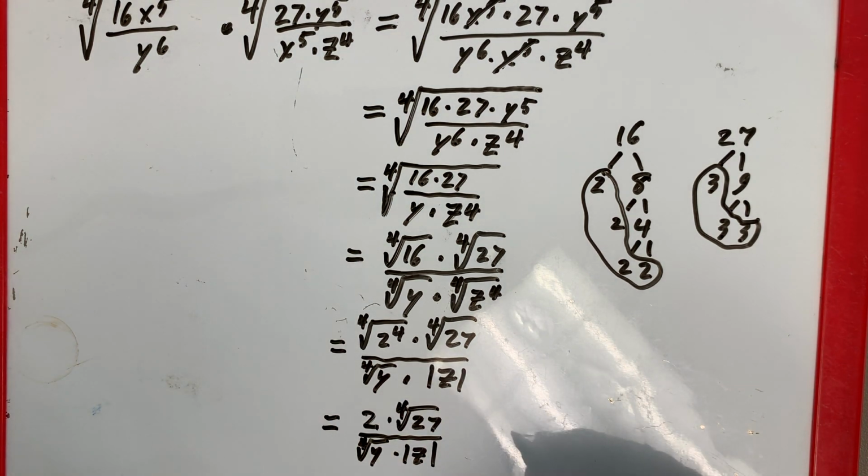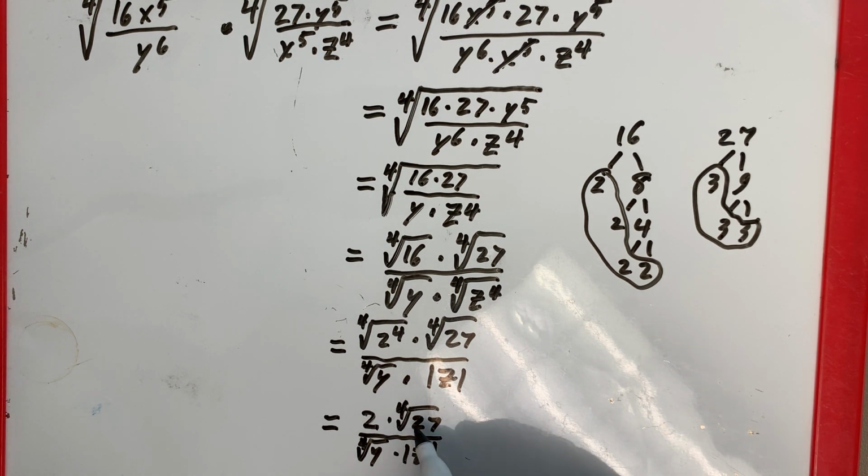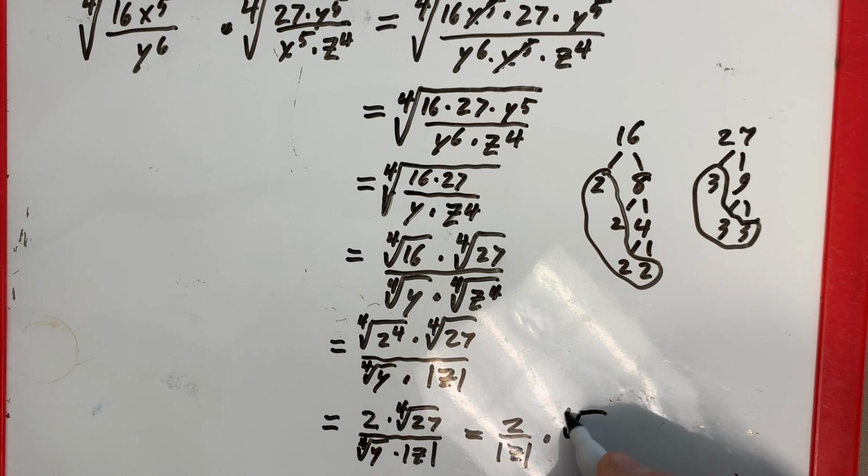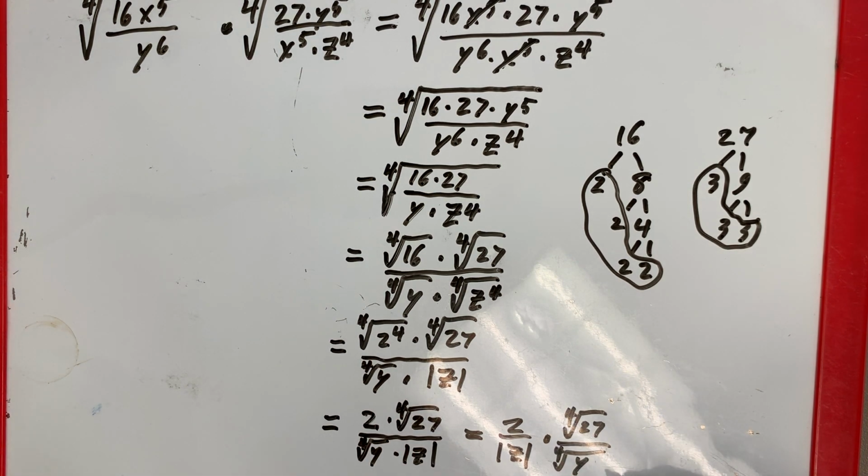Okay? So how do we simplify this further? Notice that I have a 4th root on top and I have a 4th root on bottom, and everything in sight is being multiplied. So how do I combine that? Well, rewriting this and using basic fraction rules, this is 2 over absolute value of z times 4th root of 27 over the 4th root of y. Okay?